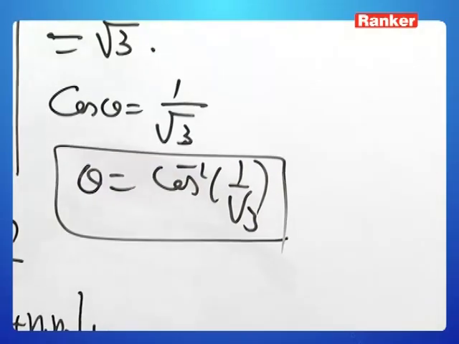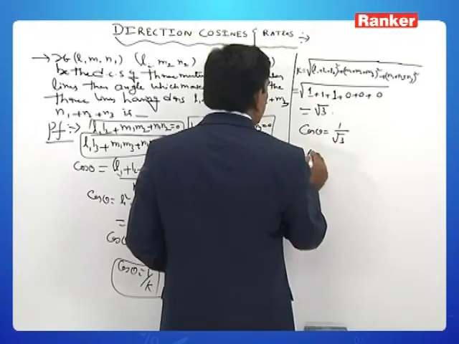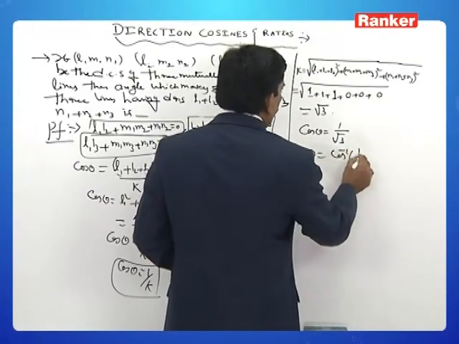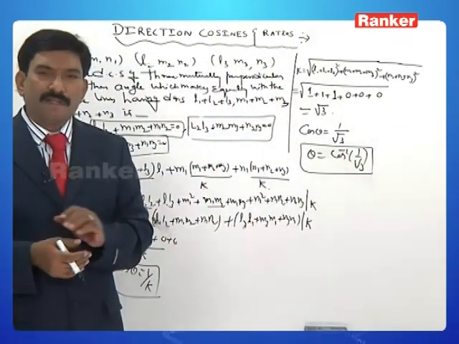Theta is equal to pi by, okay, let it be. You take this one as what? Theta is equal to cos inverse of 1 by root 3, whatever the relevant value, you can take it as granted.